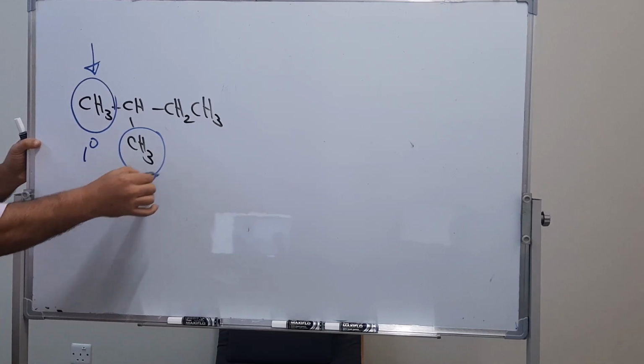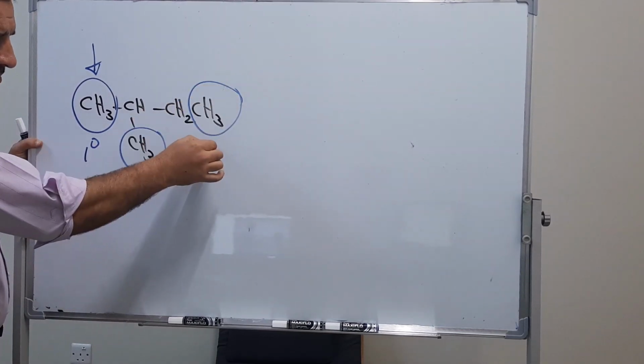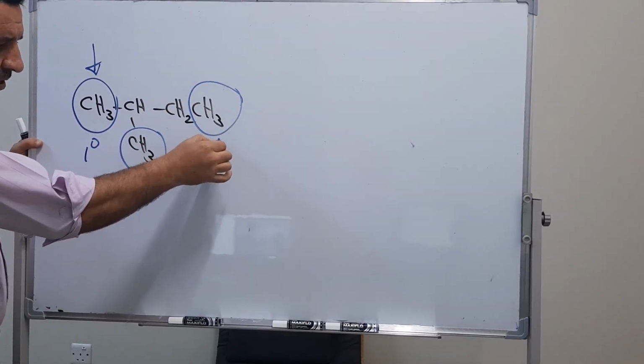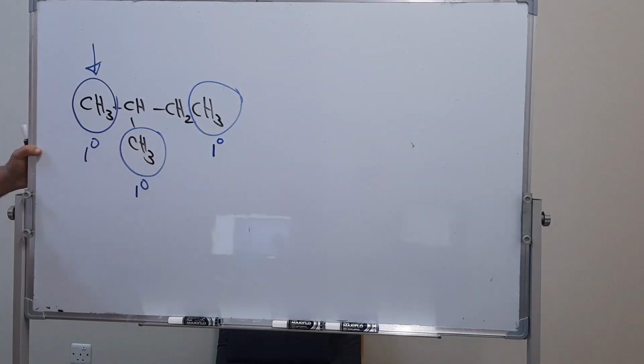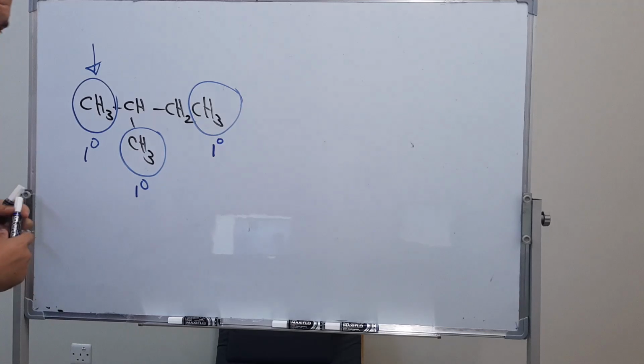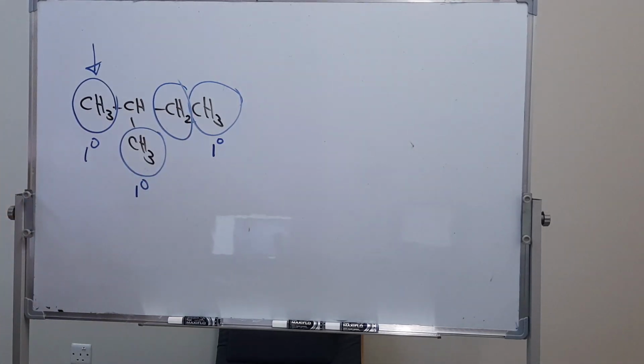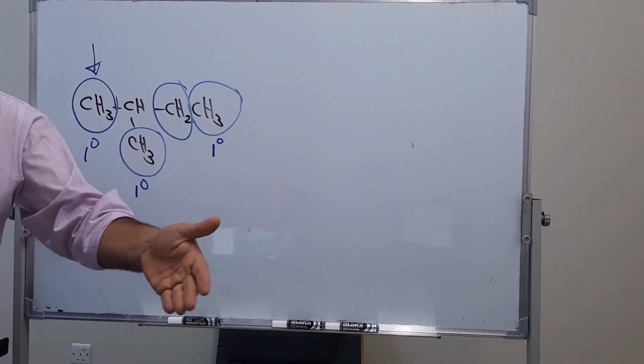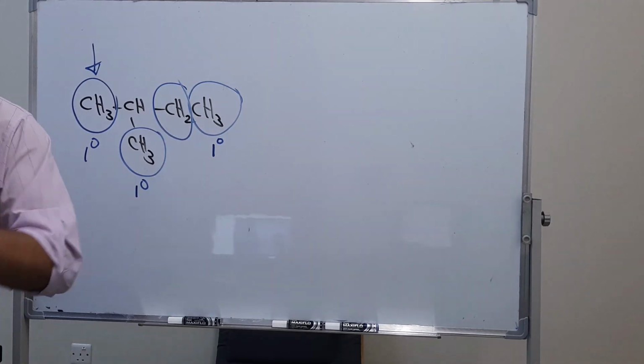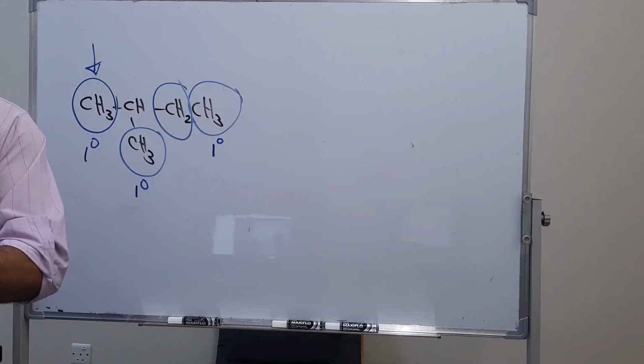Primary. And this carbon? Also primary. So we have 3 primary carbons, right? Now, let's move to the other one. What's the classification of this carbon? It could be secondary or tertiary. Why could be? There is no could be. Science has no could be. Science is just 100% certainty. Do you follow me?